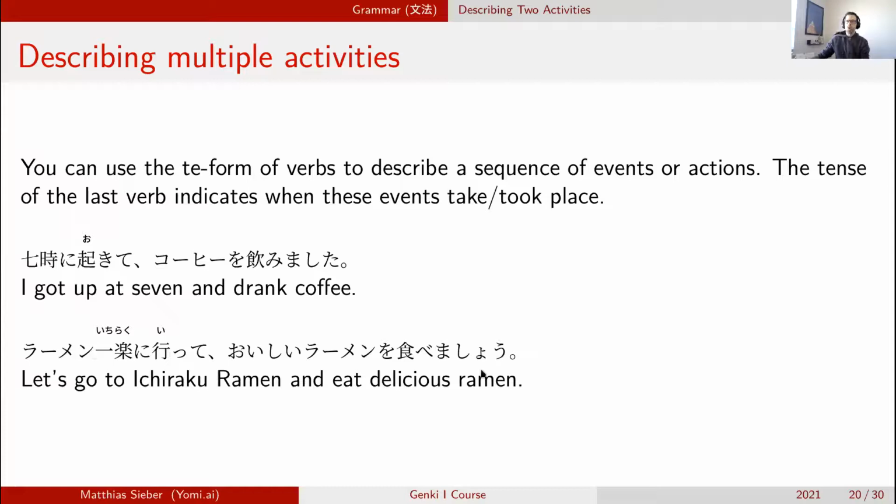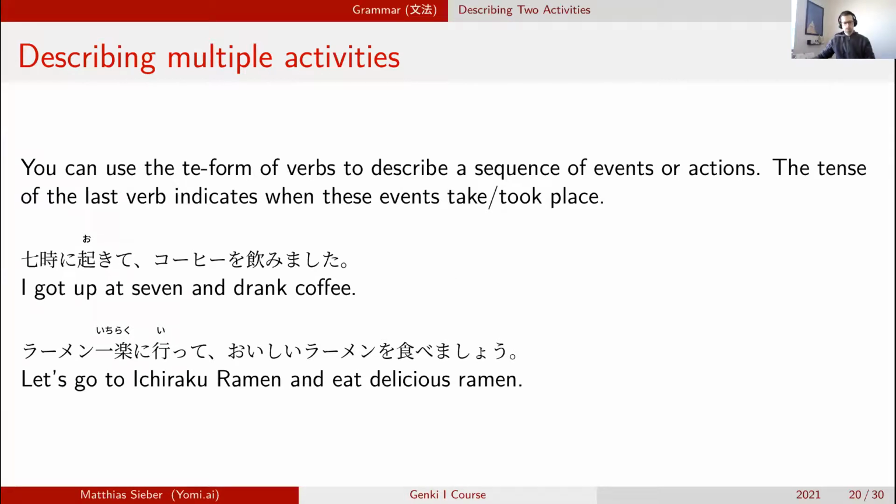But you don't know that until you listen till the end. You can connect multiple verbs with te forms, but at the very end you actually know what's going on, whether something happened in the past, or it's an invitation to do something in the future. So it's very important to listen till the end. Okay. So, any questions on these examples?